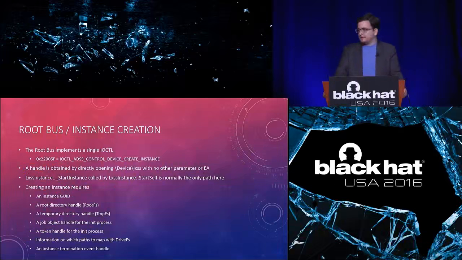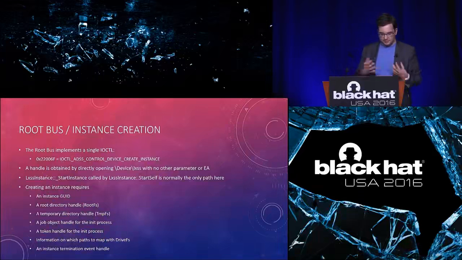The root bus has a single ioctl that the Linux manager calls, the LXSS manager control ioctl. This sets up an instance, creates the GUID, mounts the file systems, creates the job object, passes the token, tells us what to map inside the mount points, and defines what the instance is going to look like.